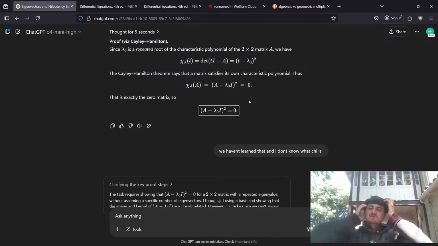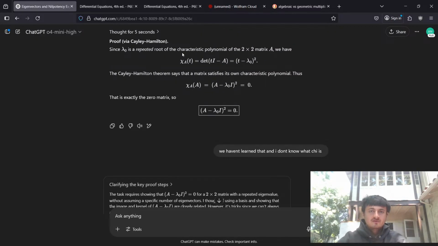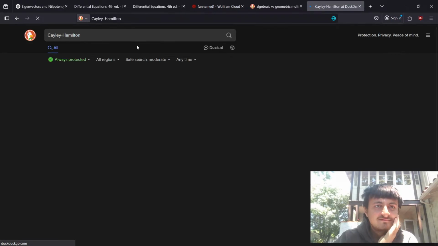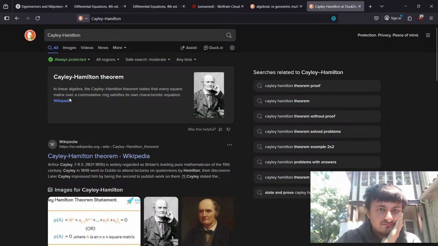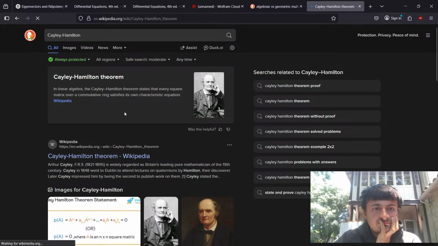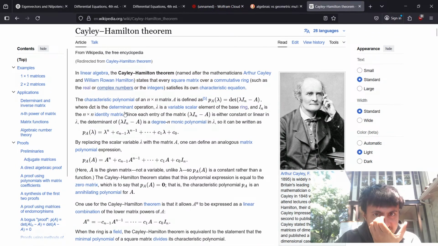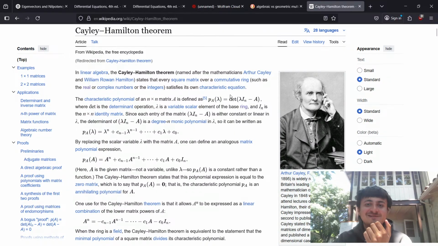A matrix satisfies its own characteristic polynomial. Dude, that's so sick. The Cayley-Hamilton theorem states that every square matrix over a commutative ring satisfies its own characteristic equation.